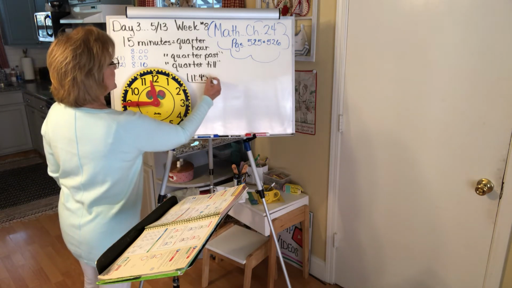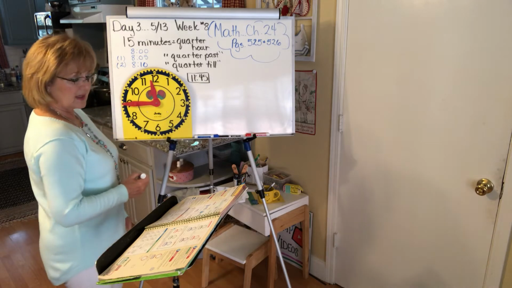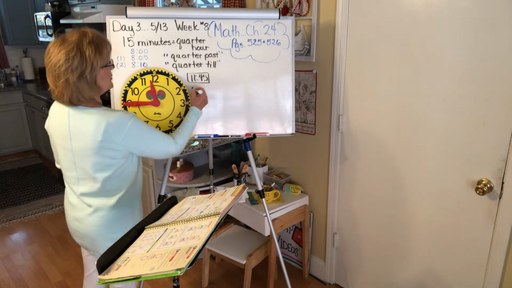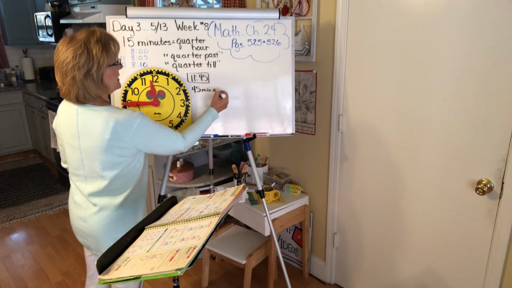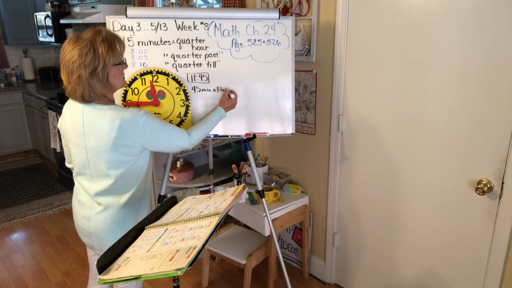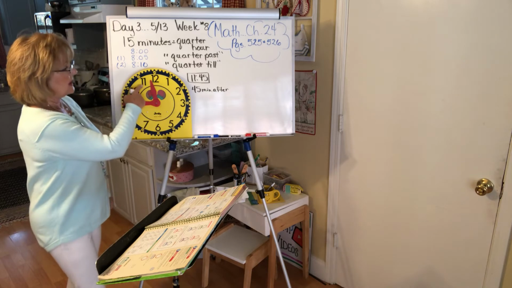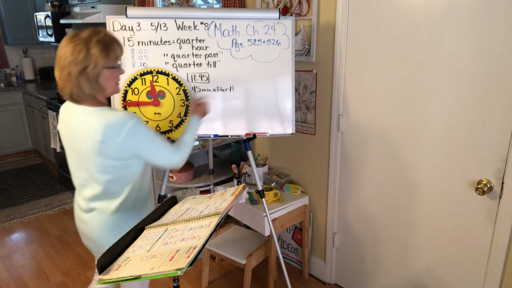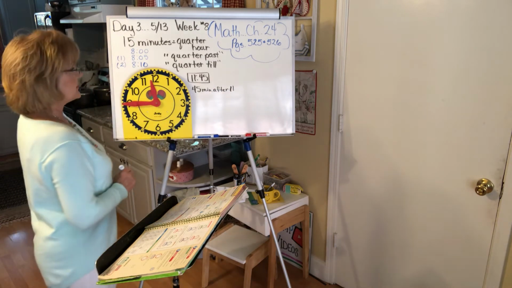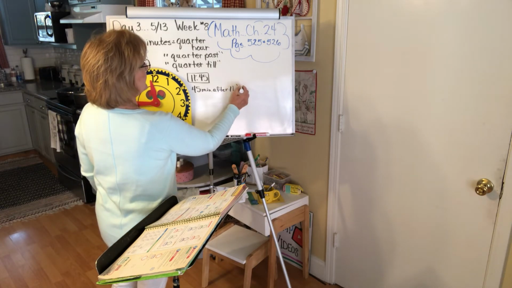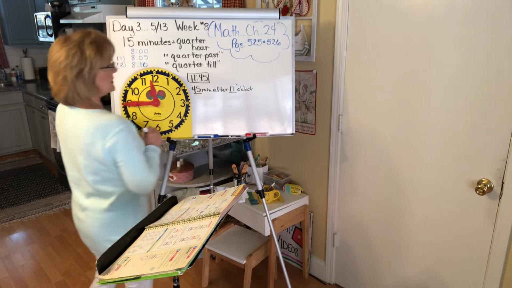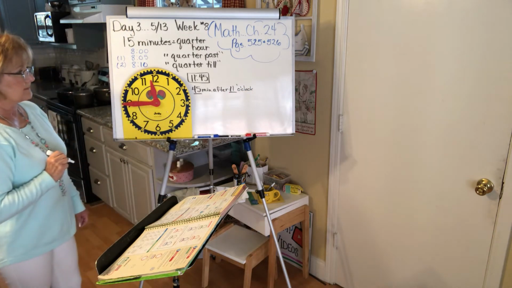That's what goes in the box. And another way to say that is 45 minutes after what? 11. Right? 45 minutes after 11. And then they have the o'clock for you. Right? So those are the ones, okay?